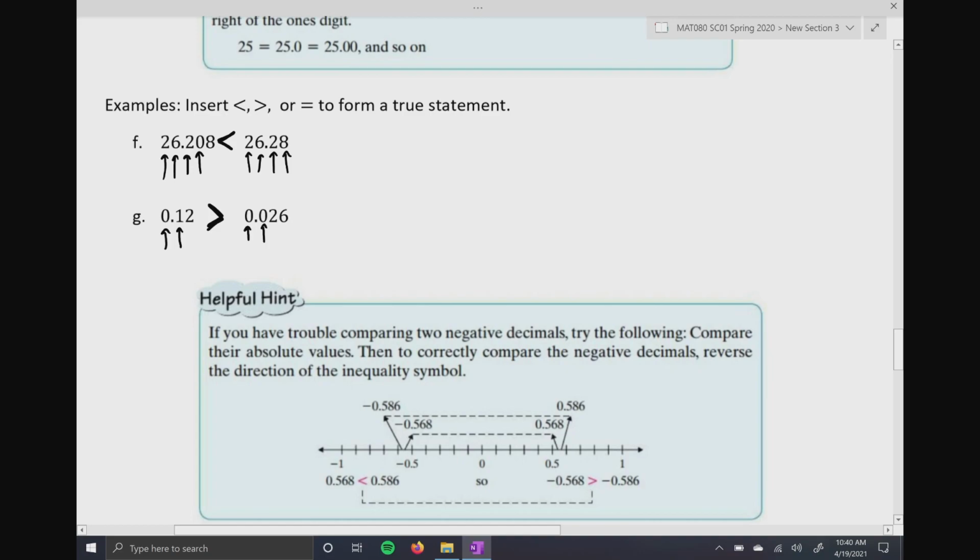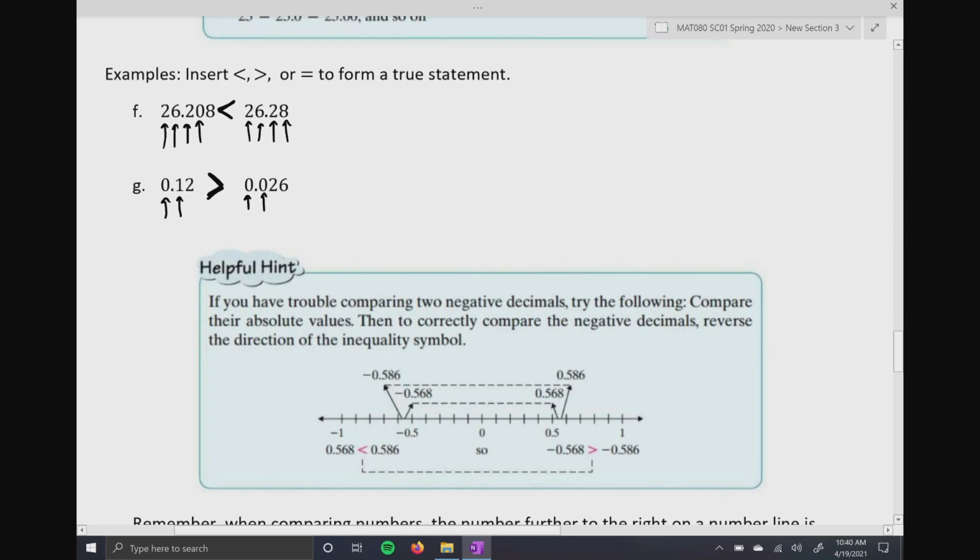Okay, now here's a little helpful hint. All right, if you're having trouble comparing 2 negative decimals, try the following. Compare their absolute values. Then, to correctly compare the negative decimals, reverse the direction of the inequality symbol. So what they're saying here is this.